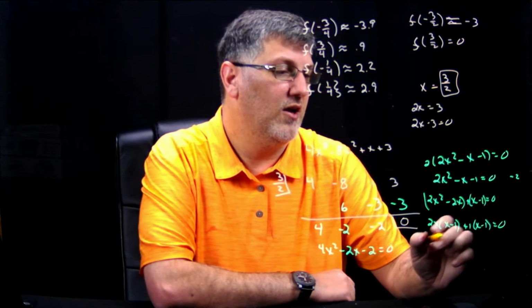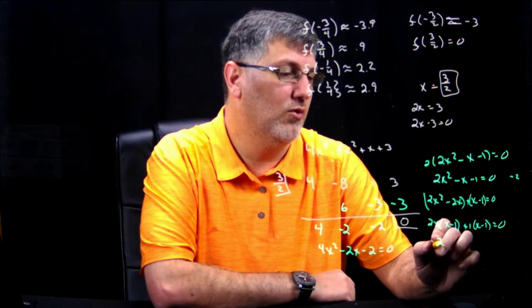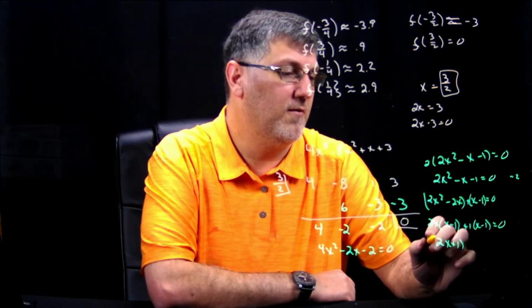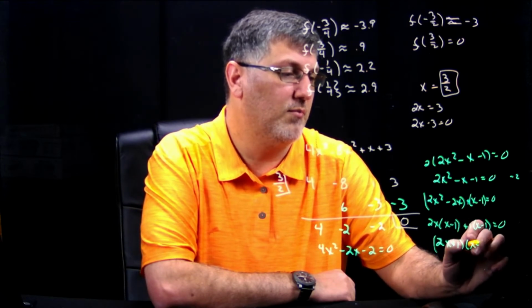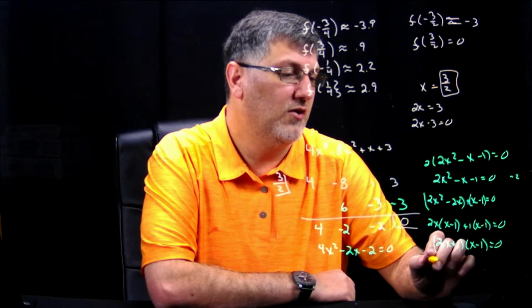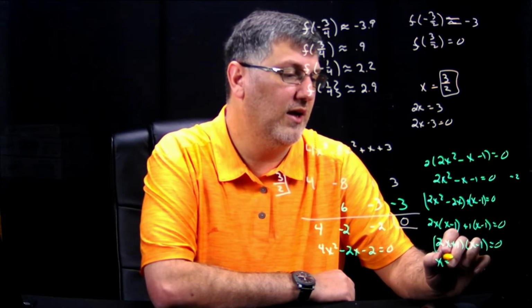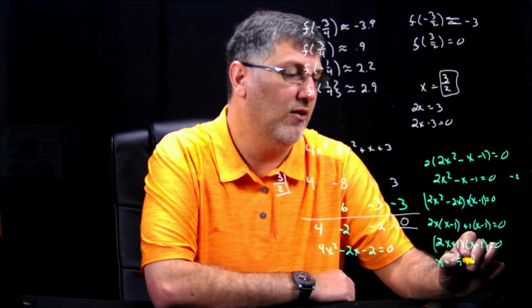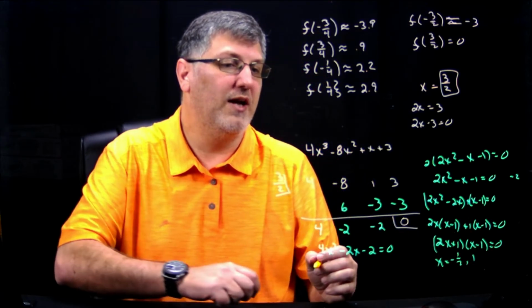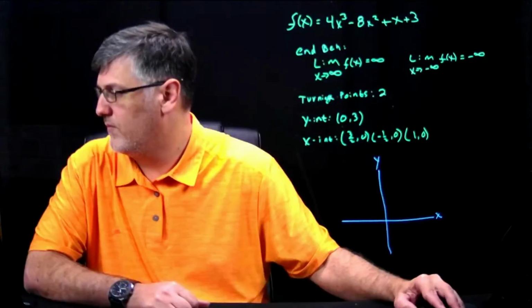Group them. Take my 2x out. That leaves me with x minus 1 plus 1 gives me x minus 1. And from here we have 2x plus 1, and then x minus 1 equals 0. Therefore, my x's are going to be -1/2 and 1. So I have my 3 x-intercepts.